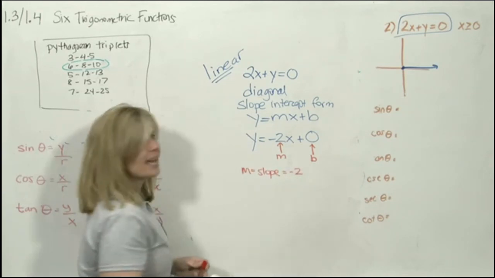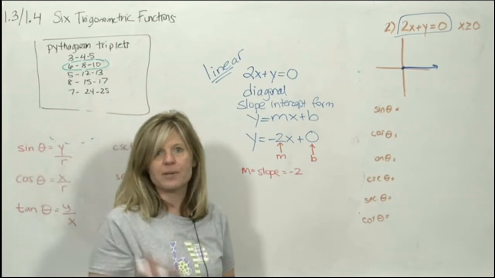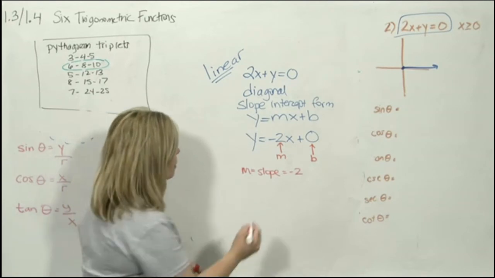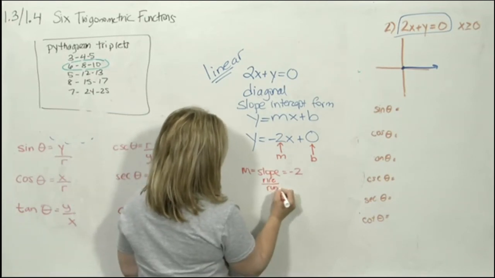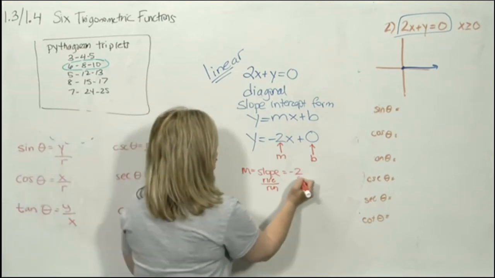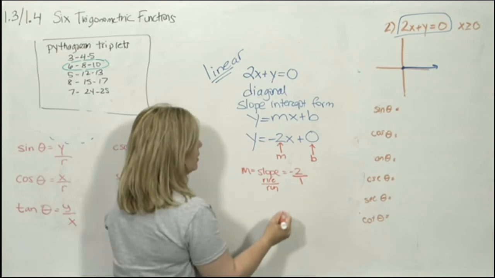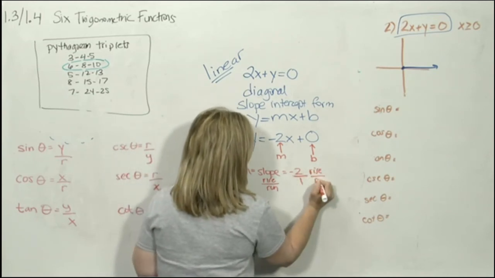The slope is negative 2, and slope is movement. Slope tells you how the line moves up and down and left and right. You would probably remember the catchphrase, slope is rise over run, which means slope has to be written as a fraction. So to write this as a fraction, we'll put it over 1. Now we know we're rising negative 2 spots and we're running 1.